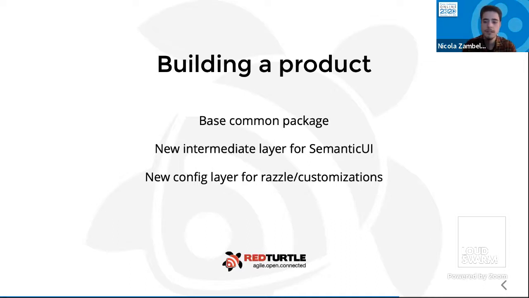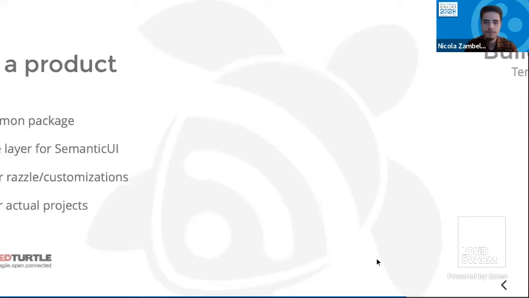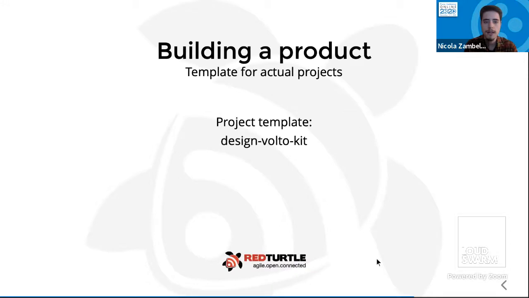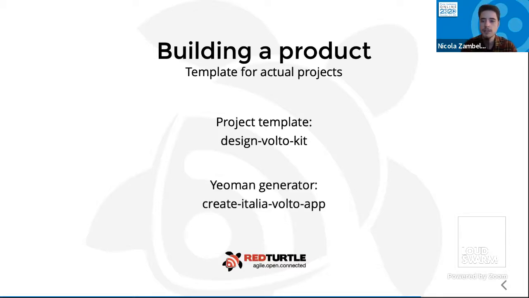Eventually, we created a template for actual site projects, which is made by Design Volto Kit, which is our project template, and a Yeoman-like generator like generator Volto, and it is named Create Italia Volto App, which automatically creates an actual site project with the kit, with our project template, and where we only need to customize the variables.